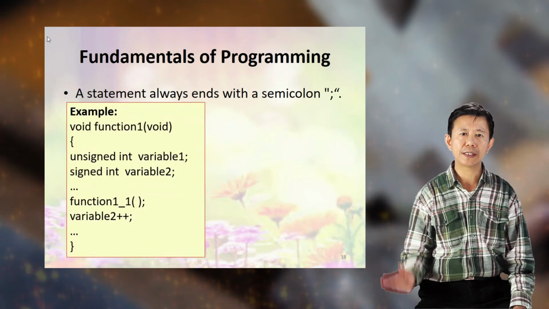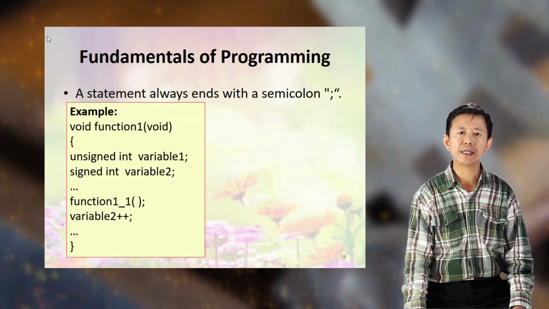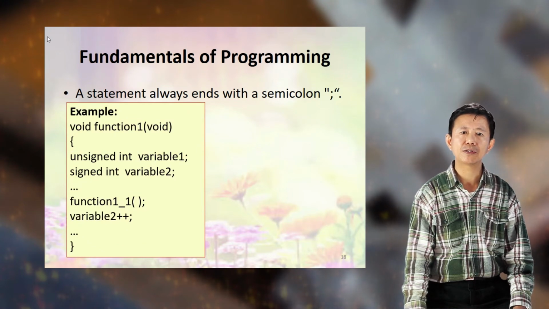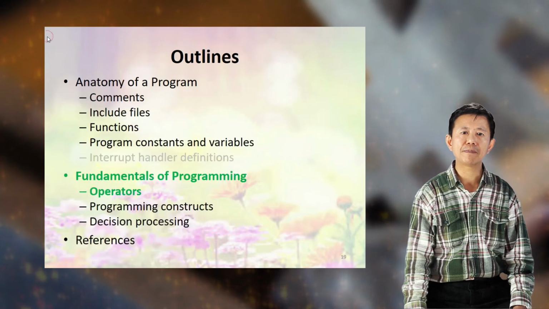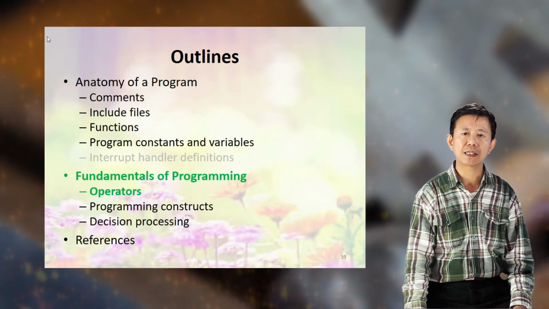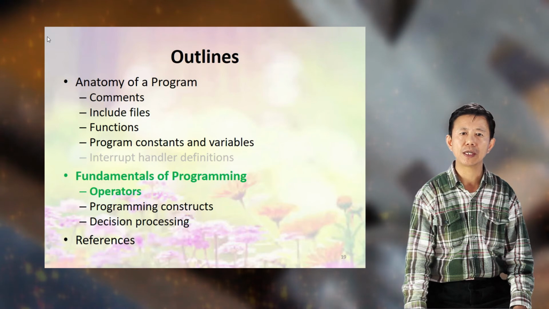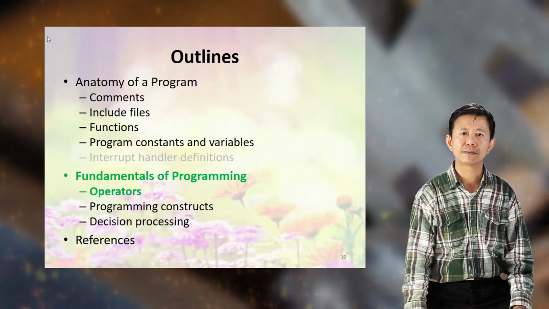As shown in this example, the statements inside the brackets, including variable declaration, function calling, and operation, all end with a semicolon. You might wonder what variable 2++ means in the previous example. It's an operation I introduced in the subsection operators.